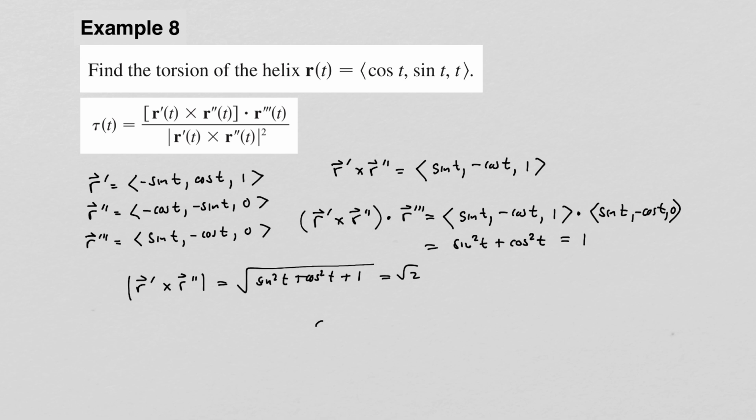And so the torsion is going to be 1 over radical 2. No, sorry, not 1 over radical 2. 1 over 2, right? Because this was the magnitude squared. So I forgot to square that. There we go. So it's going to be 1/2. Always got to be careful with the details.